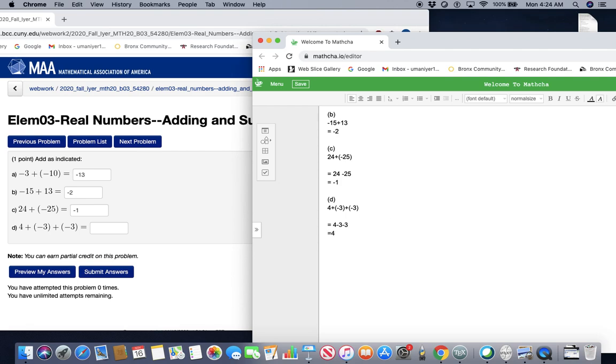Now, 4 minus 3 is 1, going from left to right. I have not yet taken care of the other, so that's a negative 3. So you see, I have $1, I lose $3. Now I am in the red $2.